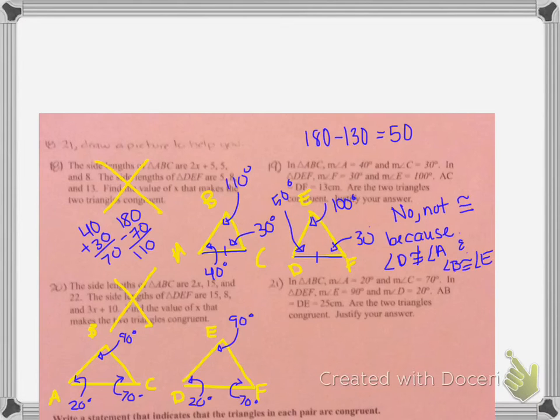Now, just because the angles are congruent doesn't mean that the triangles are congruent. Angle, angle, angle does not prove congruence. But they did give me information about one of the sides. They told me side AB, which is over here, and side DE, which is over here, are congruent. So I'm going to mark those congruent. Now that these sides are congruent, I can use one of my congruence theorems.